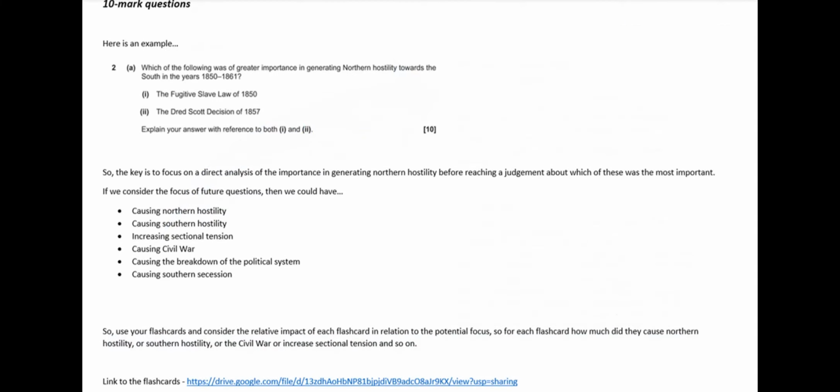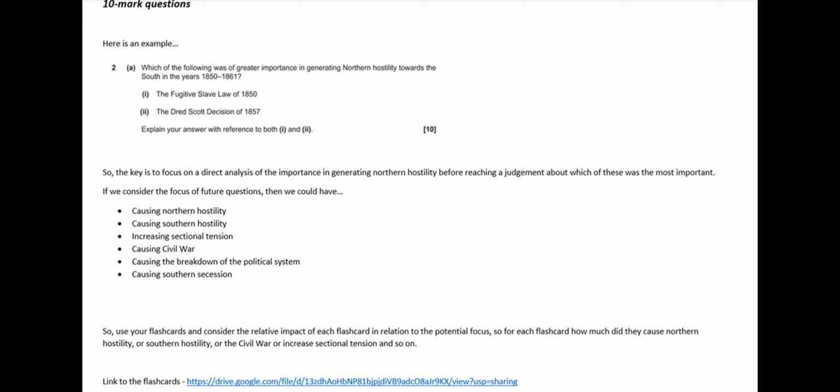Now, the next stage of the revision process is to start to actually use that knowledge and apply it to specific types of questions that you'll have to do in the exam. So here's an example of a 10-mark question. Which of the following was of greater importance in generating northern hostility towards the South in the years 1850 to 61?